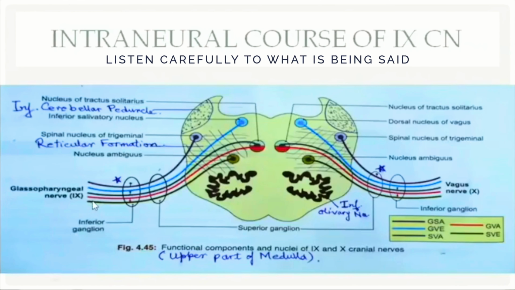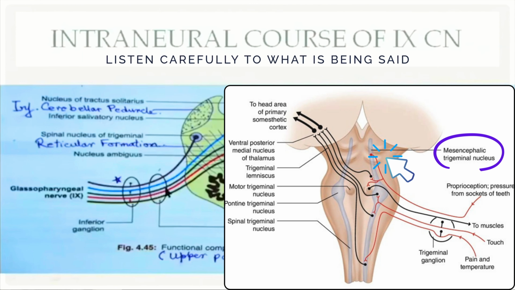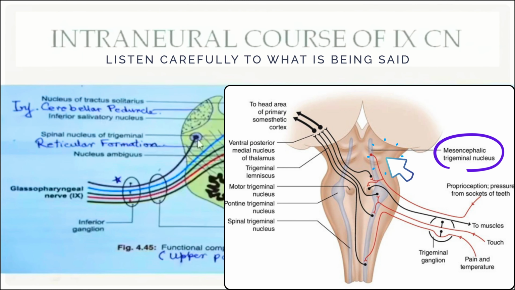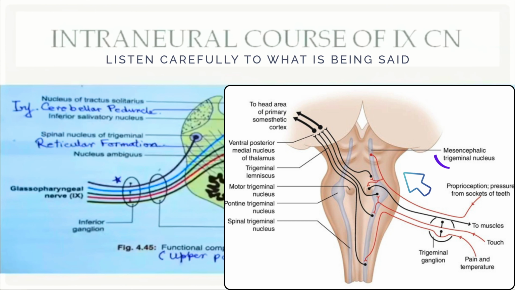So those neurons carrying proprioceptive sensations from stylopharyngeus muscle, their cytons you will not find here in the ganglion of the glossopharyngeal. Rather, they will straight away reach the mesencephalic nucleus of trigeminal nerve, and the cytons will be within that nucleus, right? So those are the first order neurons. Actually, you can compare that mesencephalic nucleus also to a sensory ganglion, same as the other sensory ganglions. The only thing is that it is located within the CNS.